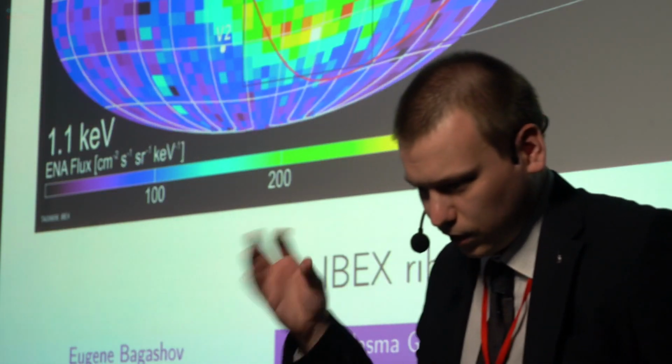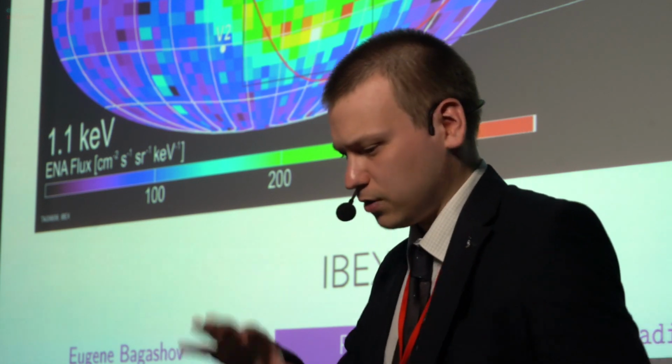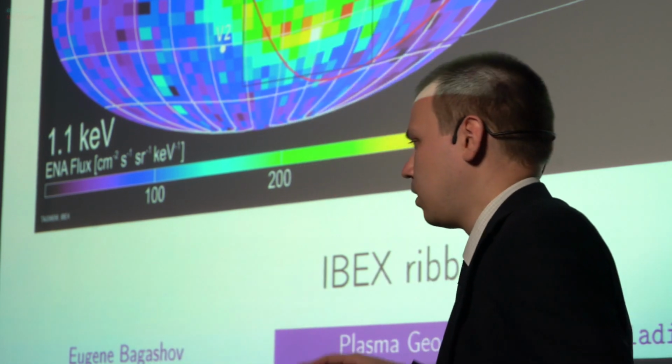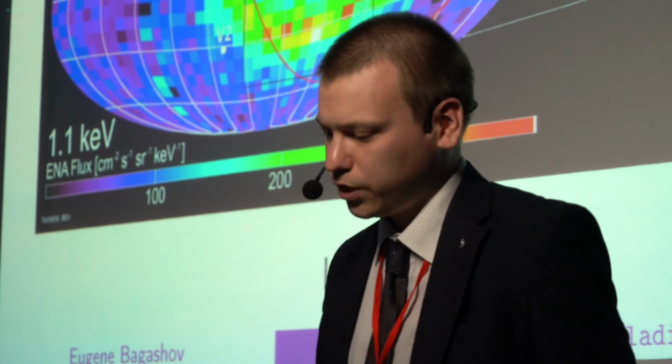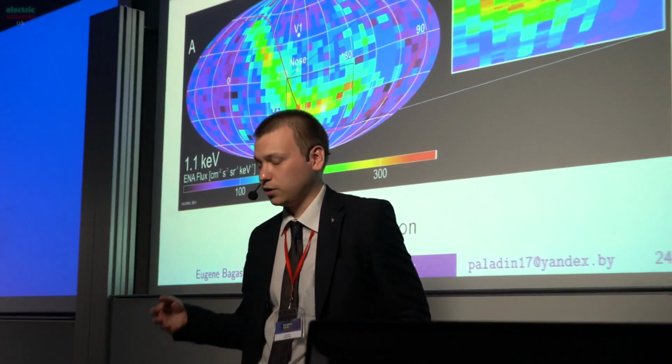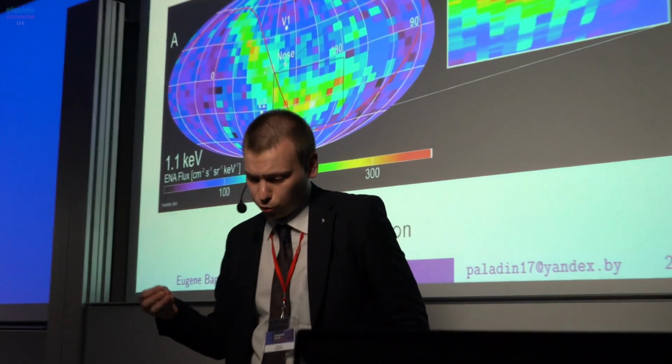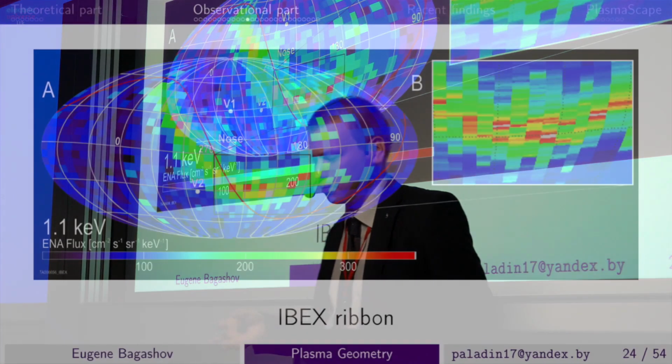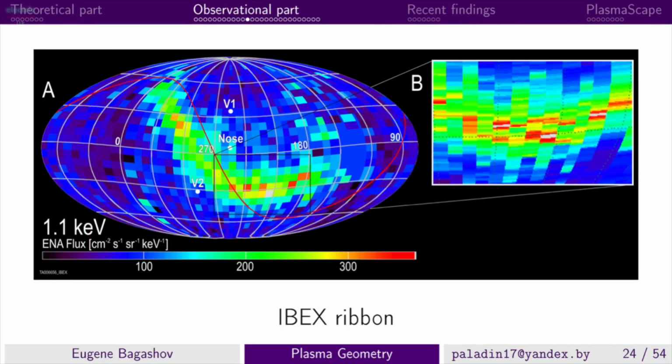Okay, so let's examine some other structures around us that might serve as an indication that we really interact with the interstellar medium in an electromagnetic way. This is the so-called IBEX ribbon. It's a pretty famous structure. This is the map of the sky, all right?